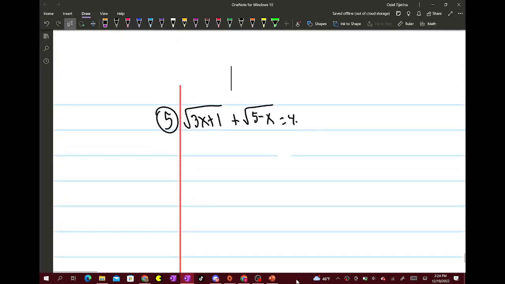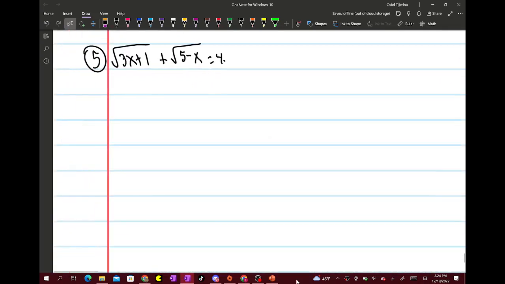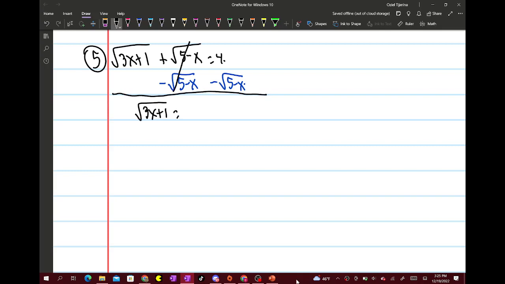I am going to subtract the square root of 5 minus x from both sides. So this cancels out, and this gives me the square root of 3x plus 1 equals 4 minus the square root of 5 minus x.